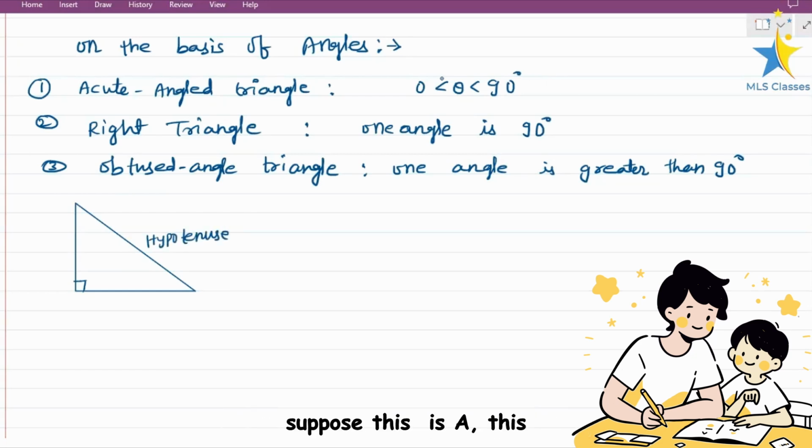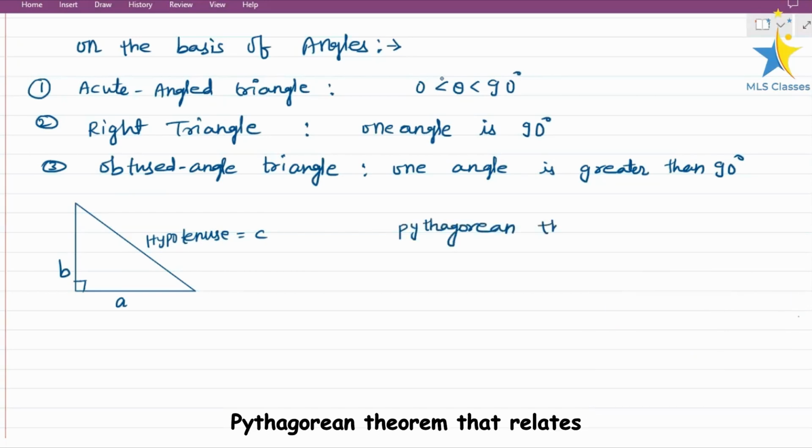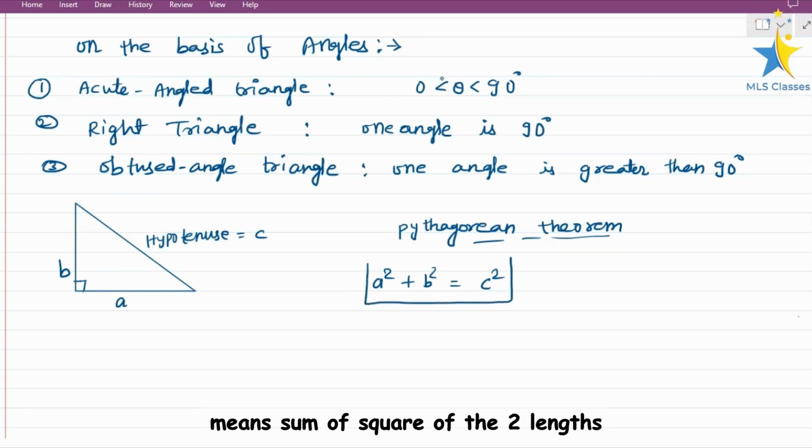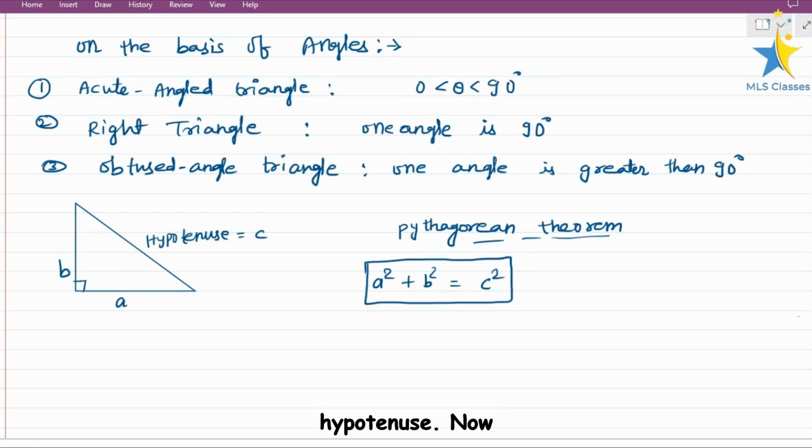So suppose this is A, this is B, and suppose hypotenuse is C. Then there is a theorem called Pythagorean theorem that relates the three sides of the right angle triangle, which says A square plus B square will be equal to C square. That means sum of square of the two legs is equal to the square of the hypotenuse.